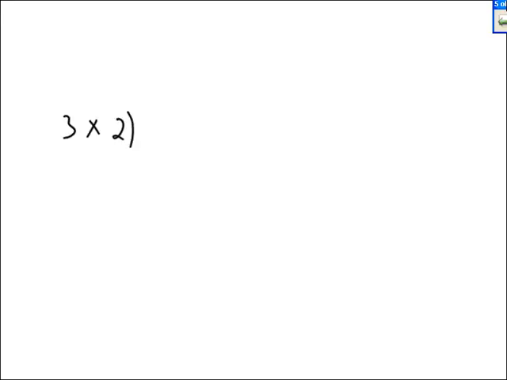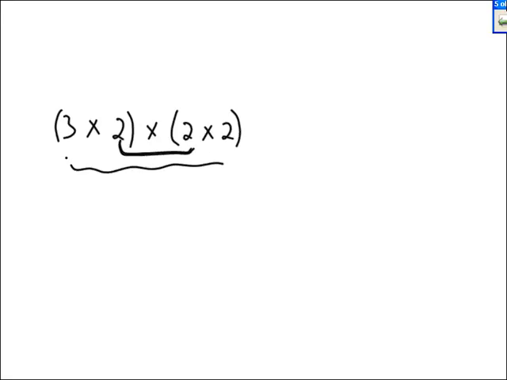Let the first one be 3 by 2. So the second matrix would have to start off with a 2. And let's go with a 2. That means, since these are the same, this product will be 3 by 2. And I want to multiply this product, which is 3 by 2.